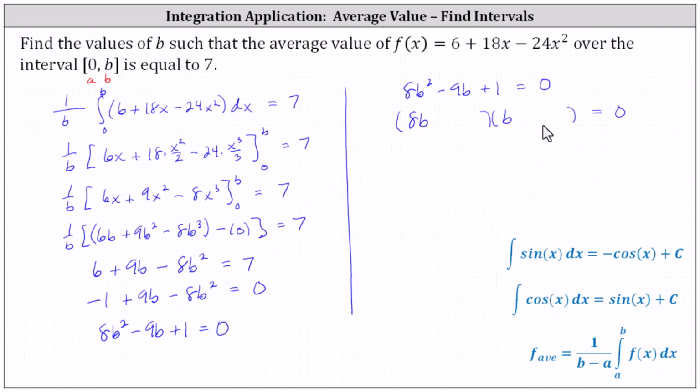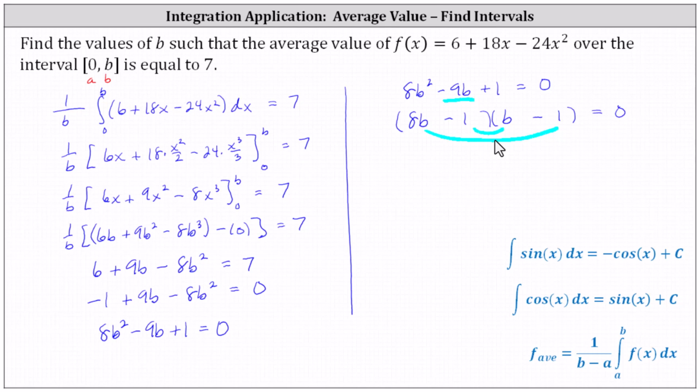The second terms must be the factors of positive 1, so that the sum of the inner and outer products equal negative 9b. So we'll use the negative factors of positive 1, which are negative 1 and negative 1. Notice the inner product is negative 1b, the outer product is negative 8b, and the sum is negative 9b.